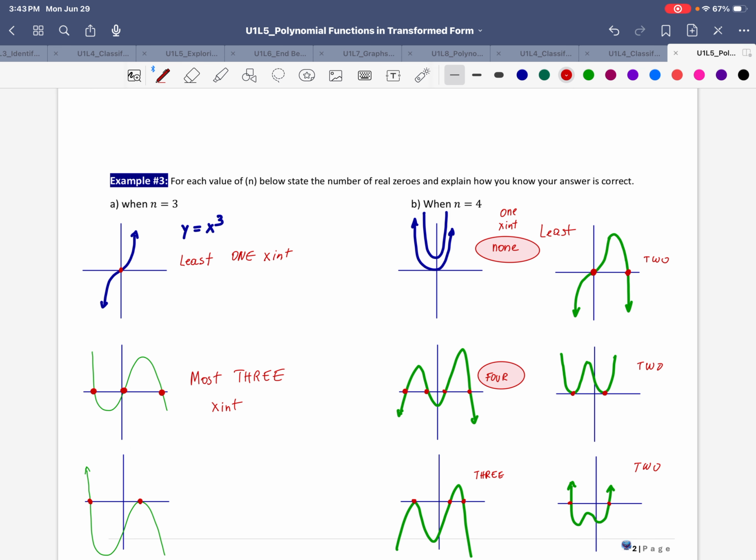As we've mentioned in the past, the most number of x-intercepts any polynomial function can make is equal to the degree. For the least number of x-intercepts, the degree matters, because all odd degree functions will have to make at least 1 x-intercept, whereas even degree polynomial functions can escape the x-axis without making any contact at all.